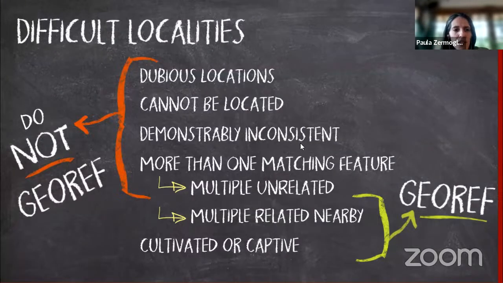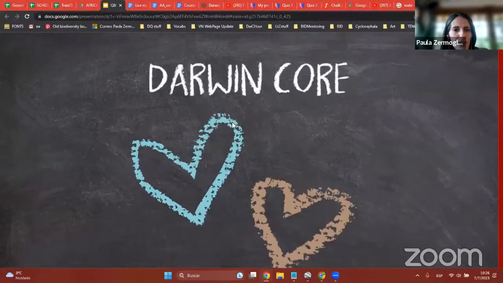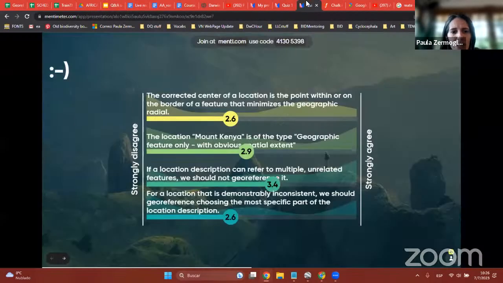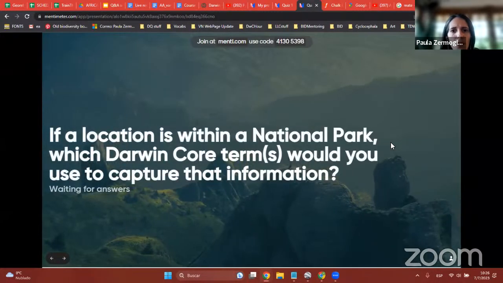So this is just a reminder of what to do with these difficult localities. Let me now go back to the quiz, because now we're going to go to the next question, which is this one. And we're moving now to Darwin Core. Here we go.